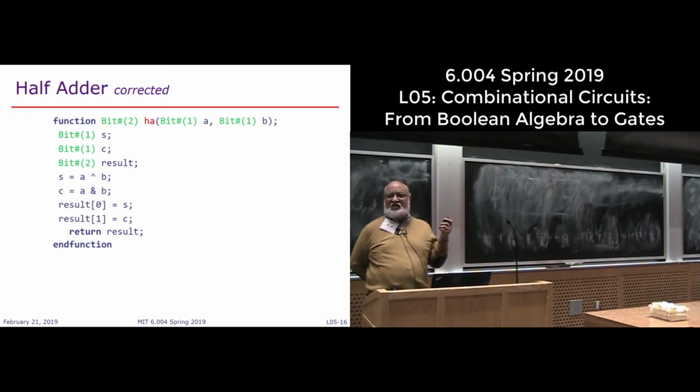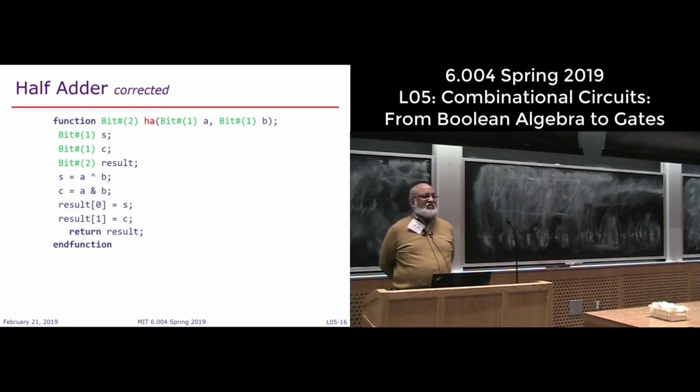Yes? Now, how big is S? S is going to be 1 bit, so I have declared it. I have said bit 1, S is 1 bit and C is 1 bit, and the result is 2 bits, right? Because we want to return both of those things in the result.